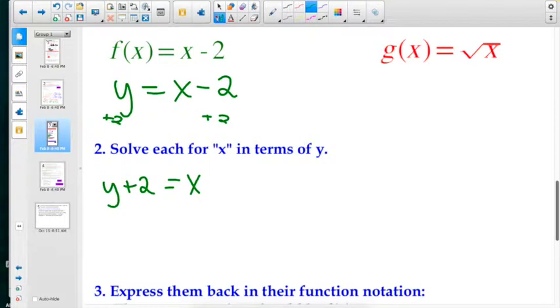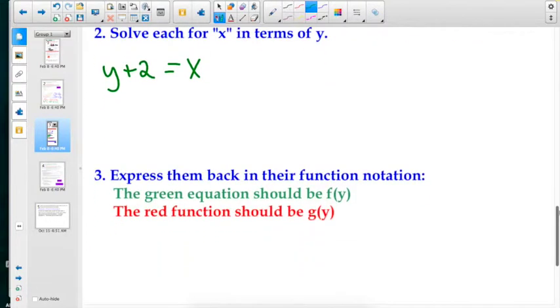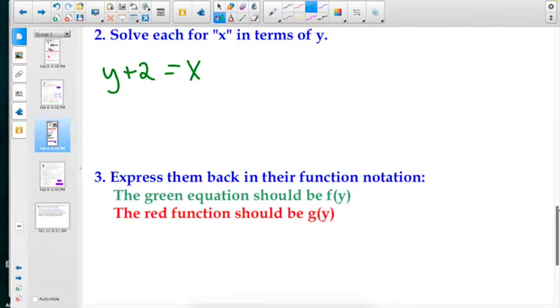Okay? Now I'm going to express that back in my function notation. In other words, this equation, y plus 2, I'm going to call f of y. I'm going to call it f of y because it was the one that was farther to the right. It was the bigger one, horizontally. Does that make sense? Okay.